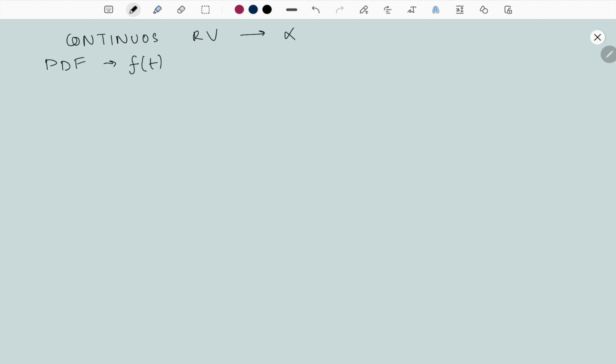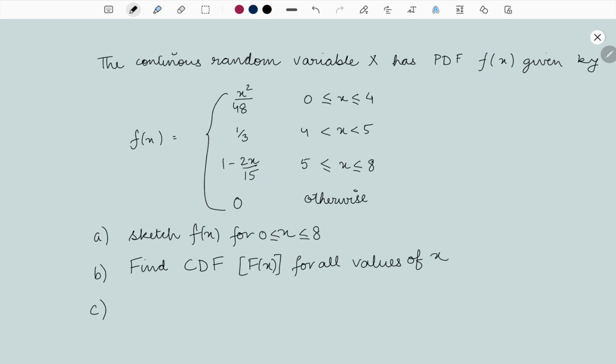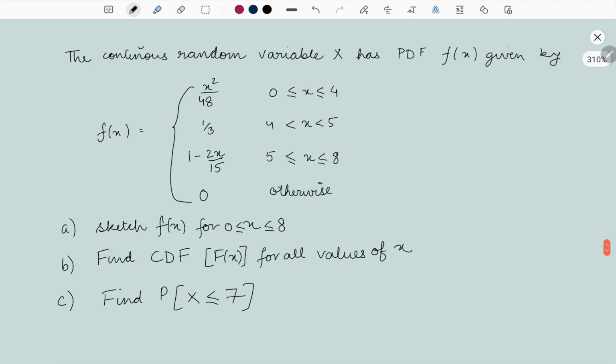Let me write it properly. It is kind of confusing now. Find P of X less than or equal to, let's say, 7. So this is the question for you guys.